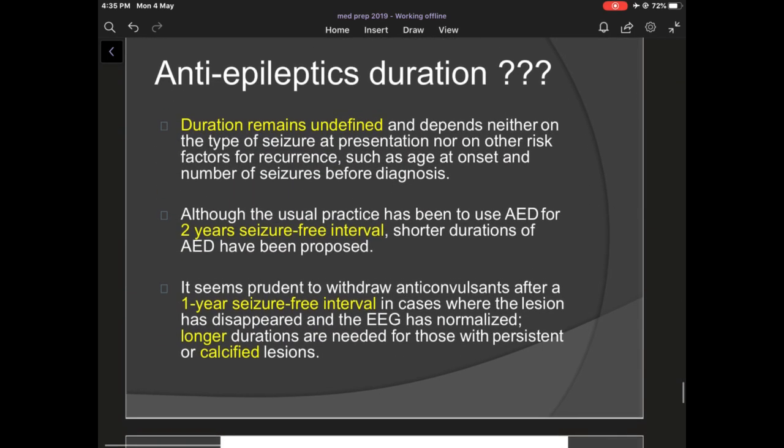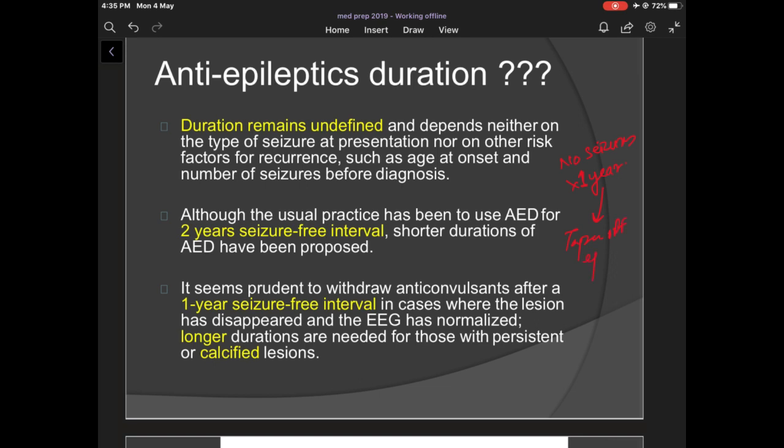And there is a very important question: when to stop antiepileptics? So basically the rule of thumb is, mostly in the clinical scenario, when the patient has had no seizures for about 1 year, we try to taper off antiepileptics, and we often stop them after 1 year of seizure-free interval.